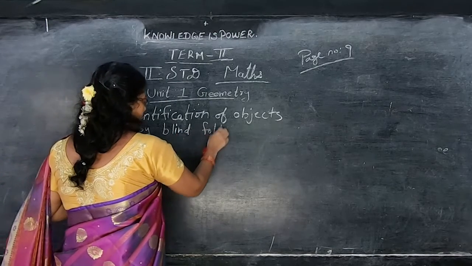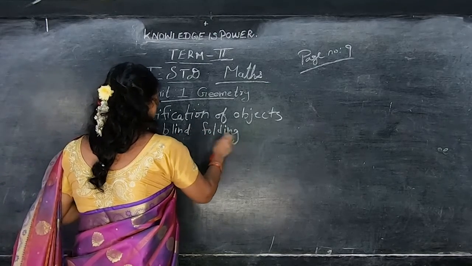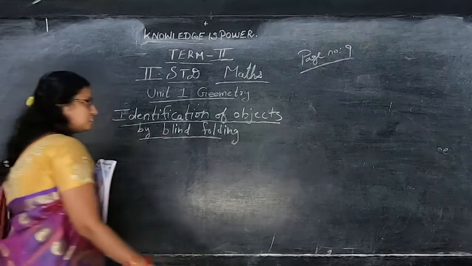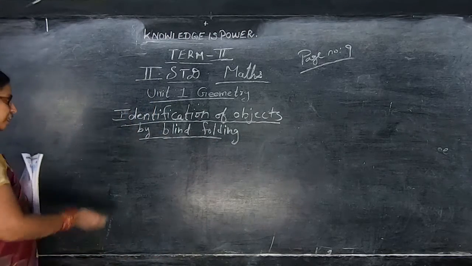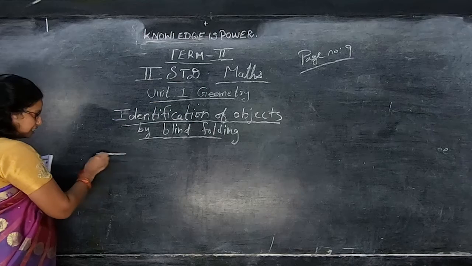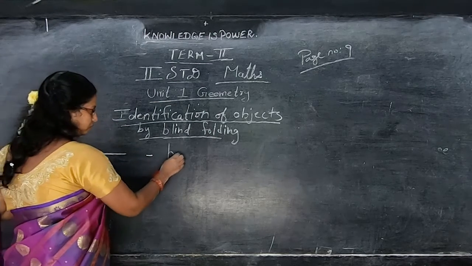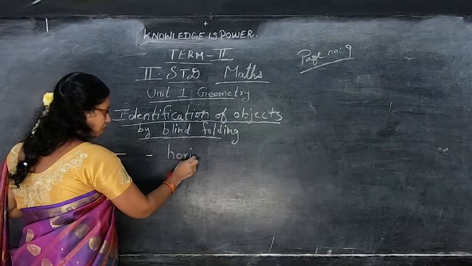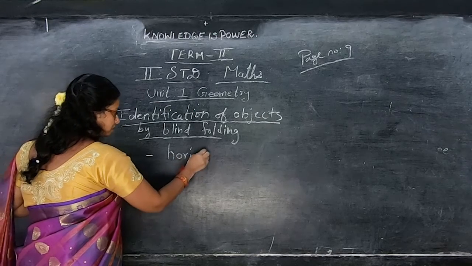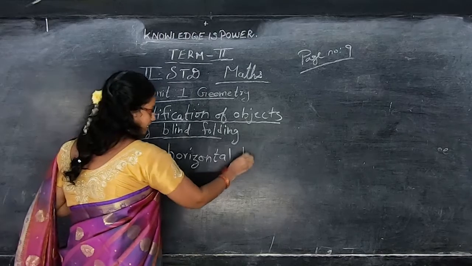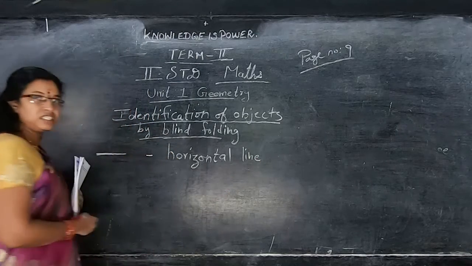I am just going to help you identify what is a horizontal line, what is a line, a curved line. See here, put a dash and write here. What line is this one? Horizontal line. H-O-R-I-Z-O-N-T-A-L, horizontal line, L-I-N-E, line. Write in your classwork, children.